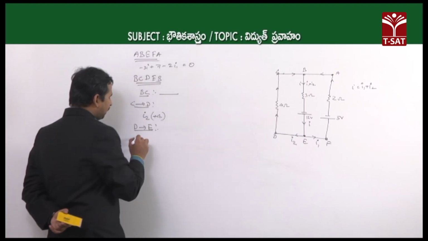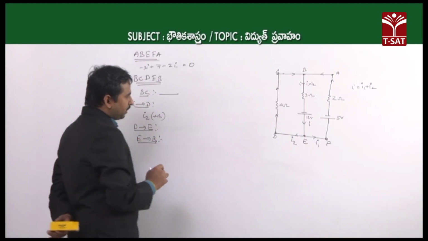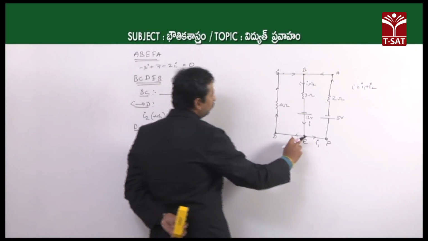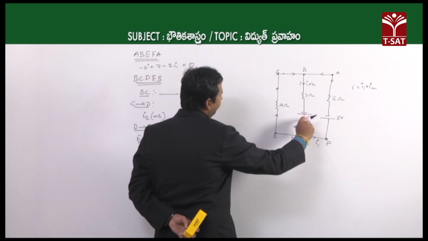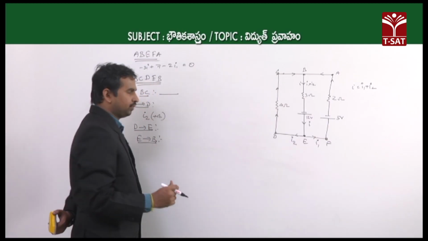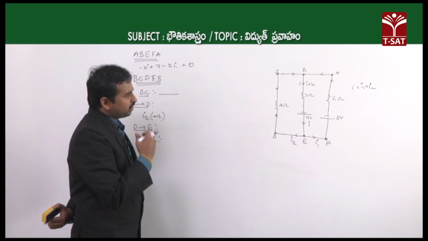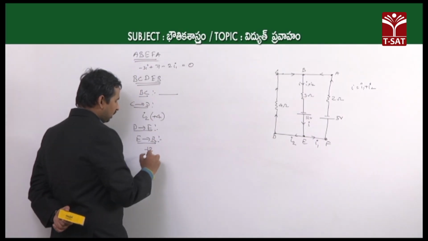Between E to B, again we have components present. When we come to E to B, as we are going opposite to the direction of current, and here we have a voltage present. According to the sign convention, as we are going from high potential to low potential, plus to minus, we have to take minus 12.